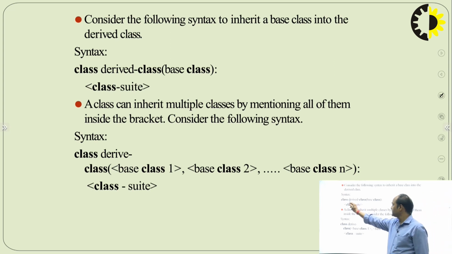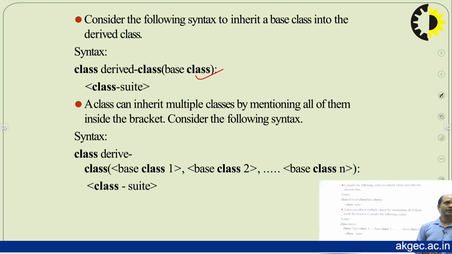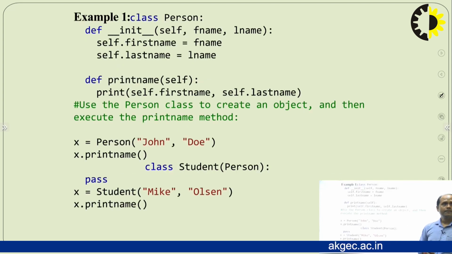That is class derived, and this is the base class. We can create a base class, and in the base class, we can define multiple fields and all the syntax required in that particular class. After that, if you want to inherit that particular class, we create inheritance properties.